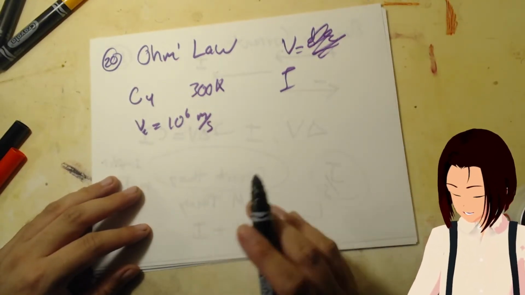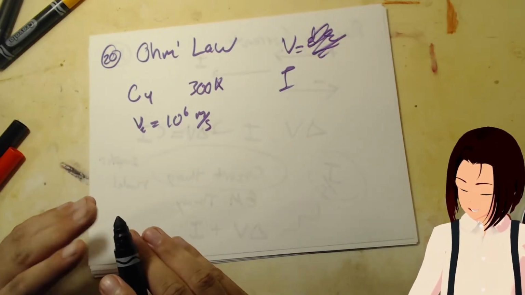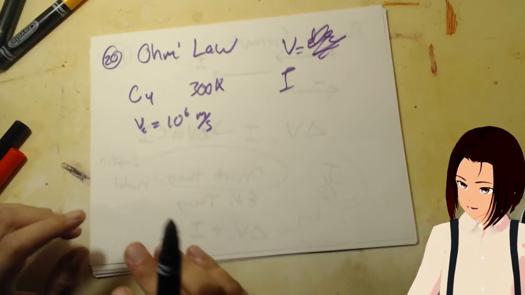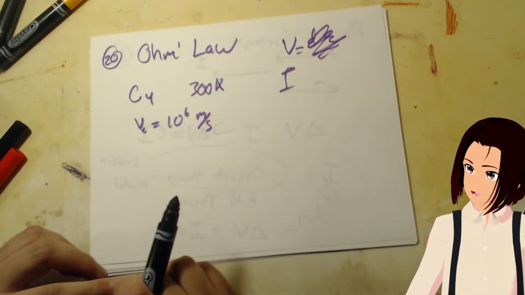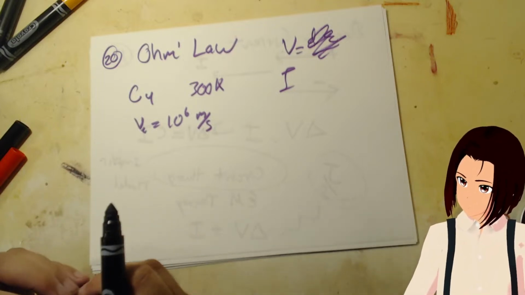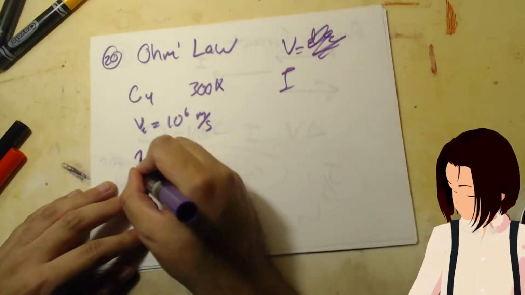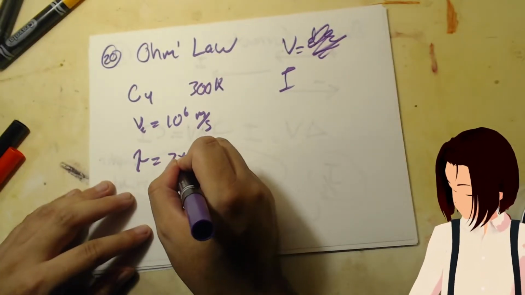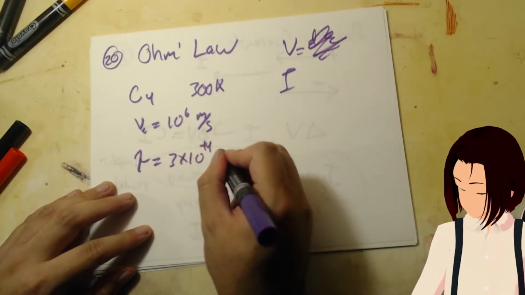And we know the amount of time between the collisions of the electrons, tau, is 3 times 10 to the negative 14 seconds.